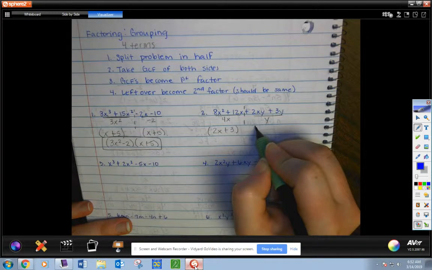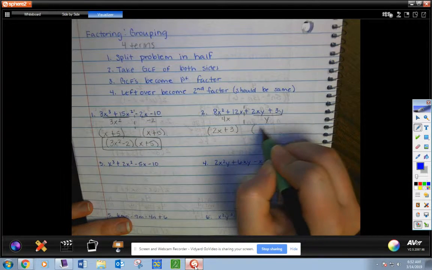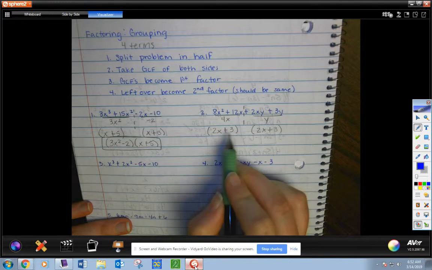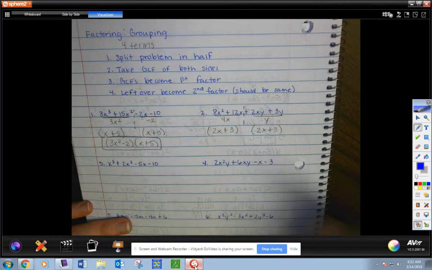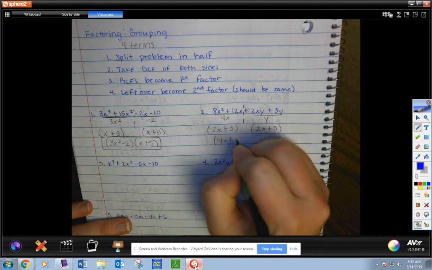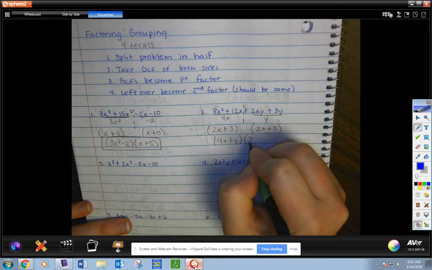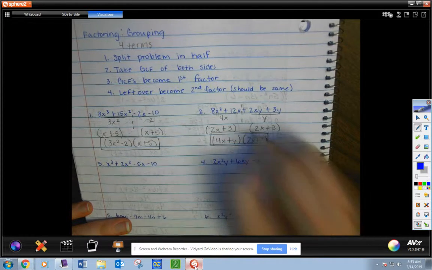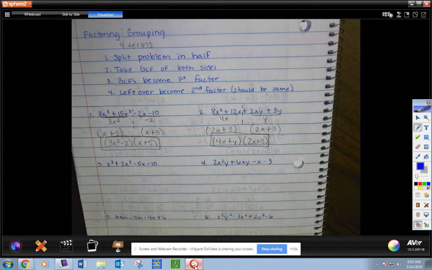Okay, when I divide by y over here, the y's cancel to give me 2x, and the y's cancel to give me 3. So if these parentheses are the same, then you did it right. So you pull your GCFs, 4x plus y, pull down 1 of your parentheses, and circle, box, whatever you want to do for your answer.